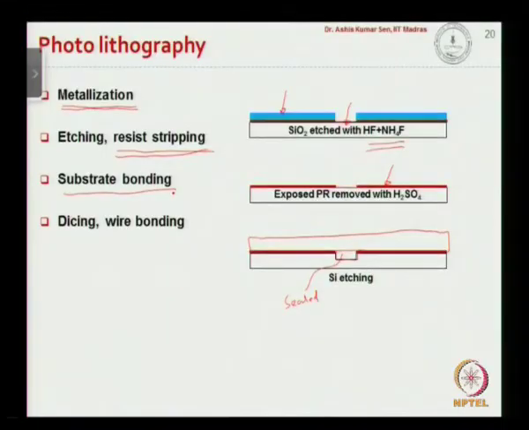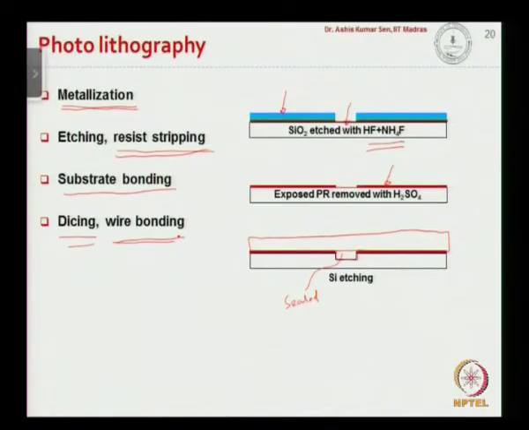In some cases we need to establish electrical contact between the external supply and the electrode on a specific device. For example, if you have a microfluidic device which also integrates an electrode, you have to make electrical contact between a particular location of the electrode and an external point. You can do that using what is called wire bonding.